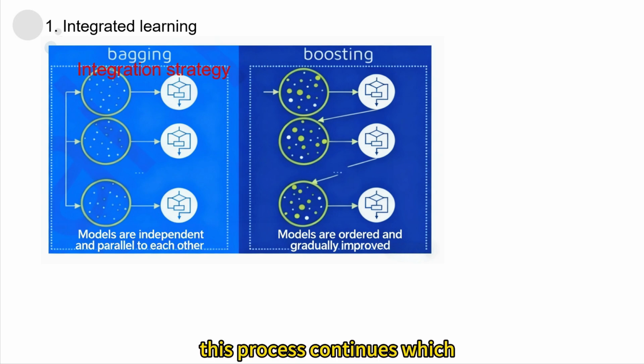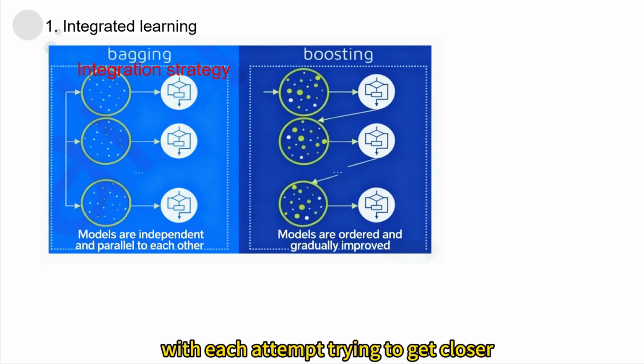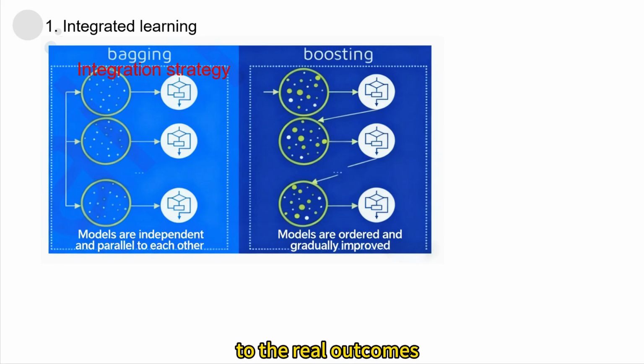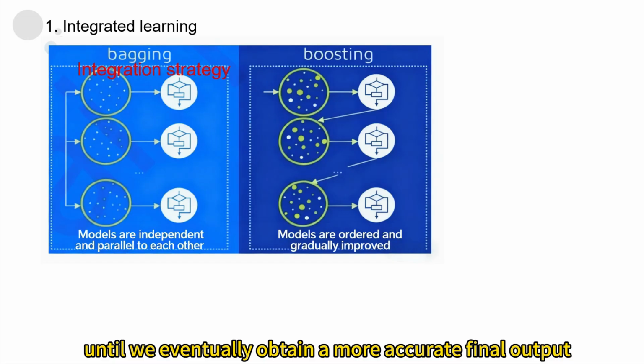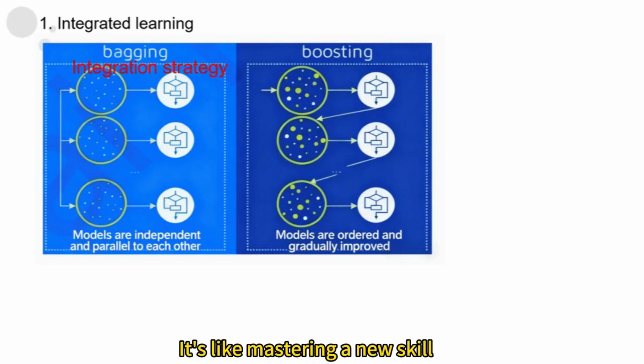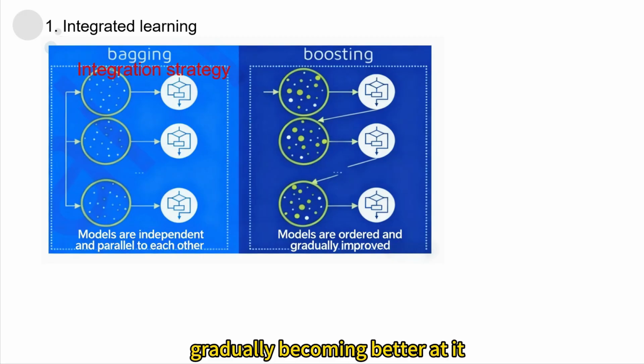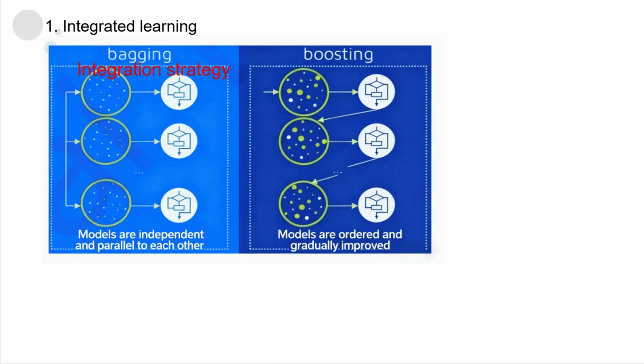This process continues, with each attempt trying to get closer to the real outcomes than the previous one, until we eventually obtain a more accurate final output. It's like mastering a new skill, constantly correcting errors and gradually becoming better at it.